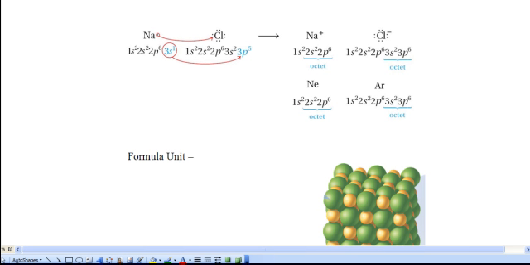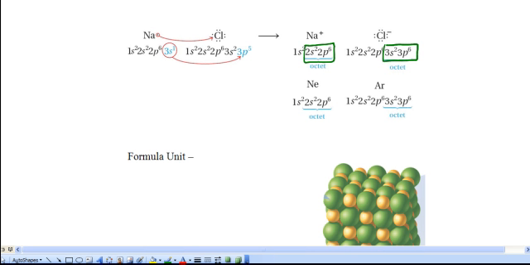And so sodium will be left with no electrons in the third energy level, meaning that it now has a complete second energy level in the outermost or the highest occupied energy level. Chlorine, which was 1 short, now has filled the third energy level, so it also completes the octet.